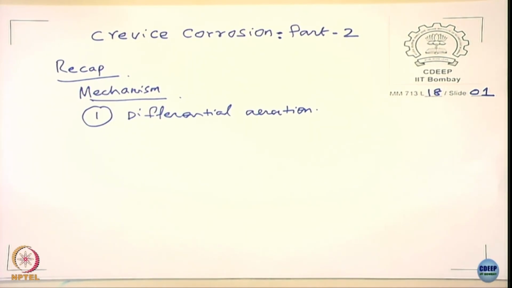First of all, in what kind of metals does crevice corrosion occur? The passive metals. Only in the so-called passive metals does crevice corrosion occur. So in such a situation, what is the role of differential aeration? For example, there are locations where the oxygen concentration is very high, and locations where the oxygen concentration is very low. So what happens due to this?